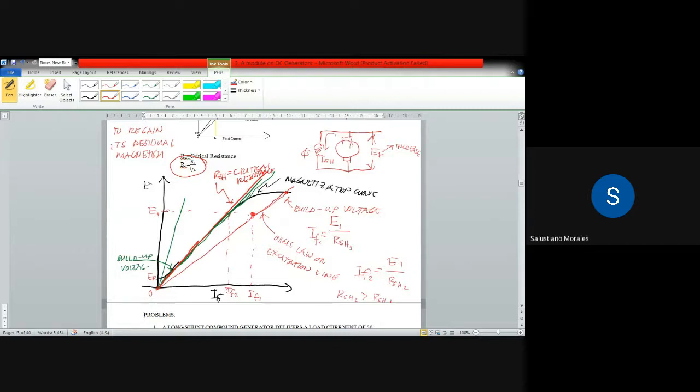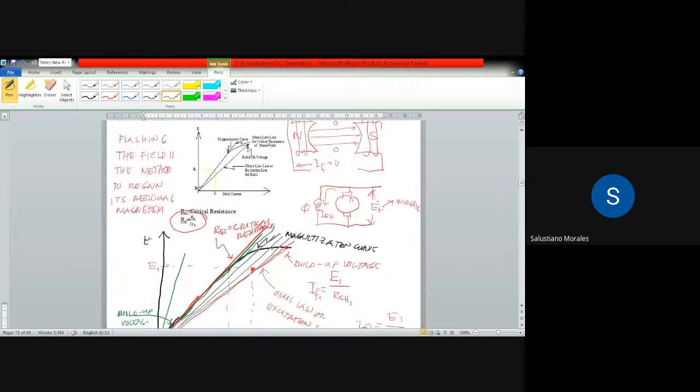So, in order to build up voltage, we're going to decrease the field resistance below this one. So either nandito yung curve natin, okay? So we have curves here to come out with these different build-up voltages. Ayan.